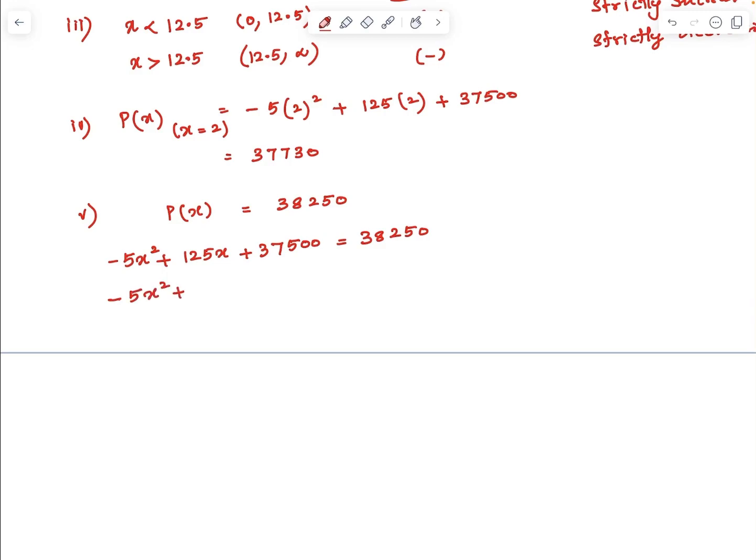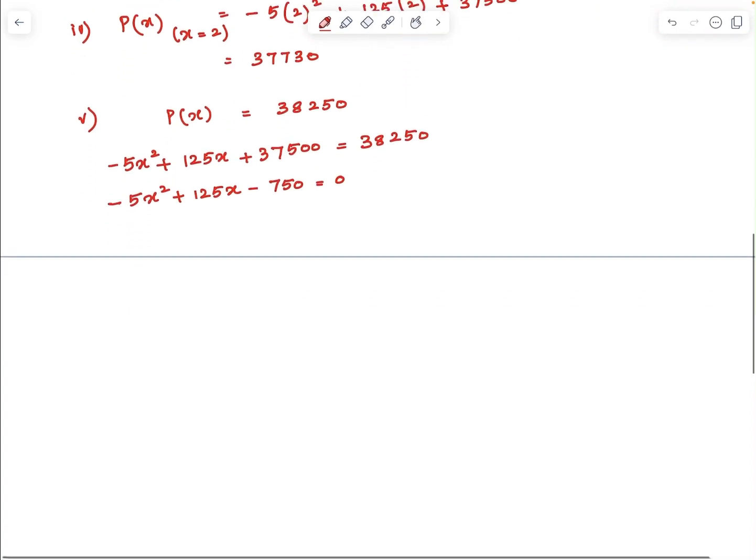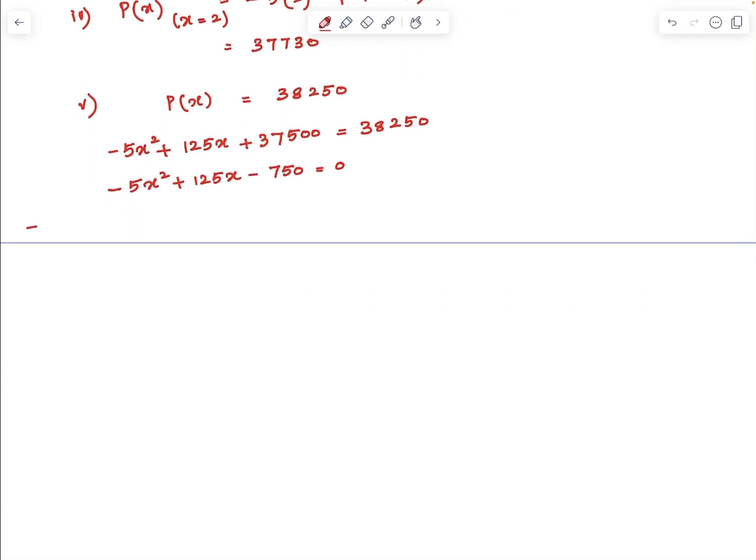Minus 5x square plus 125x. On subtracting these two quantities, we get minus 750 is equal to 0. Dividing the entire expression by minus 5, we get x square minus 25x plus 150 is equal to 0.